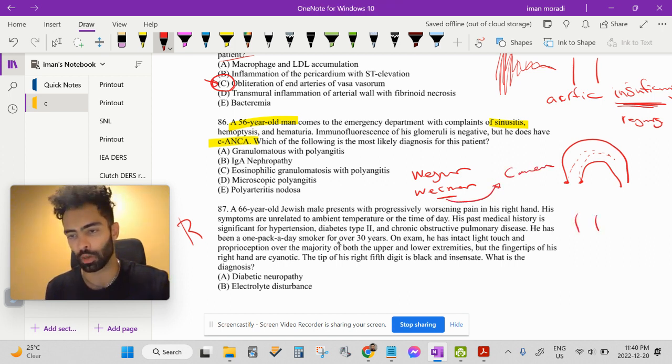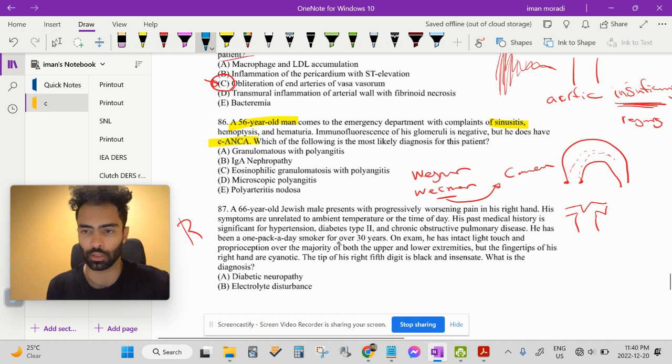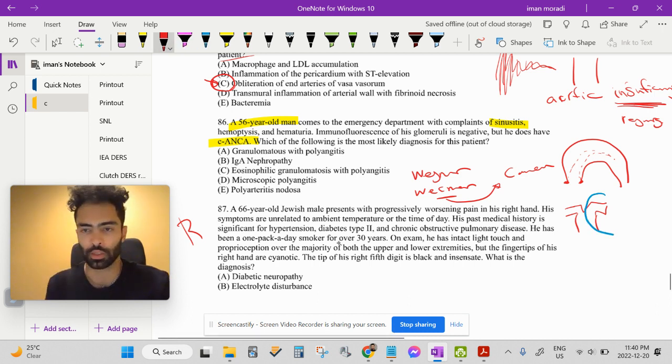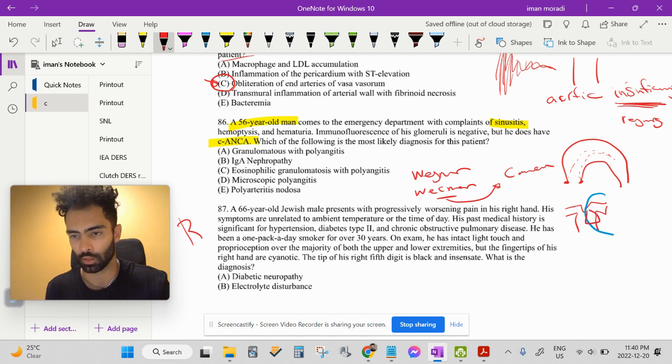If this is a human body, draw a C here. It includes things like lungs. So you got your lungs here, your kidneys here, and your nose here somewhere. These are the three things it hits. The guy got Wegener's, that's the answer. And Wegener's is granulomatosis with polyangiitis.